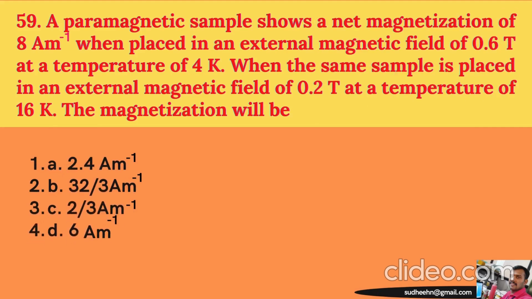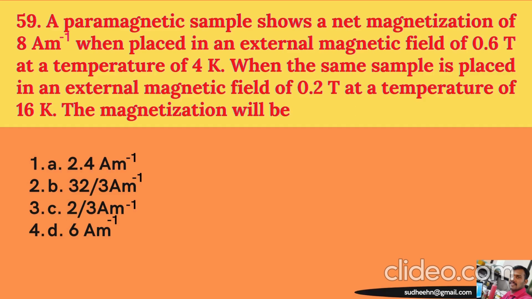Next, question number 59. A paramagnetic sample shows a net magnetization of 8 amps per meter when placed in an external magnetic field of 0.6 Tesla at a temperature of 4 Kelvin.